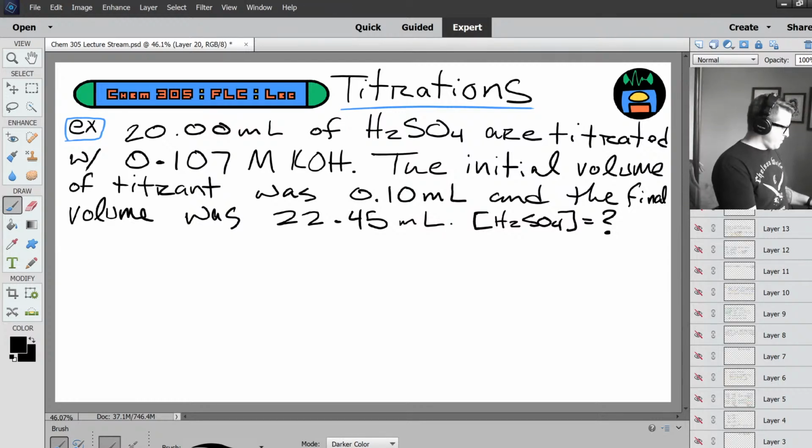Okay, so a batch of questions first. I'm pretty sure that the lab, if I remember right, does like an HCl sodium hydroxide titration.